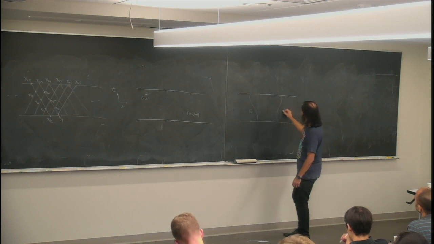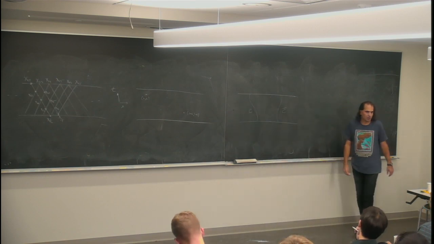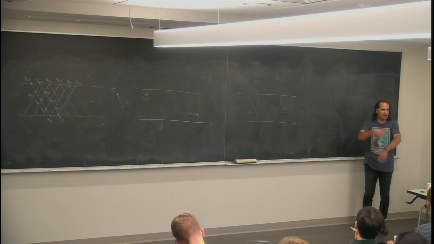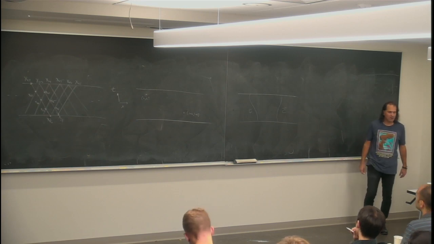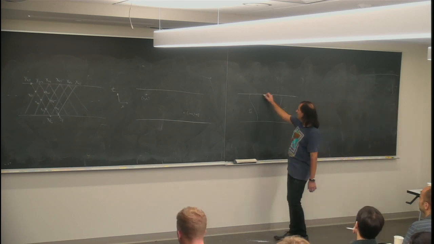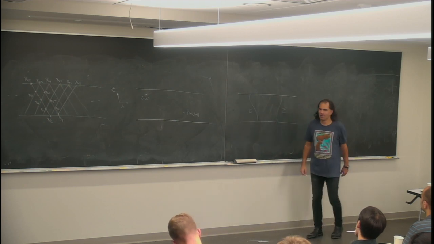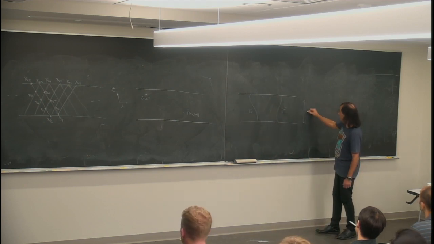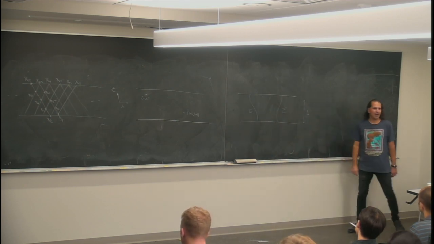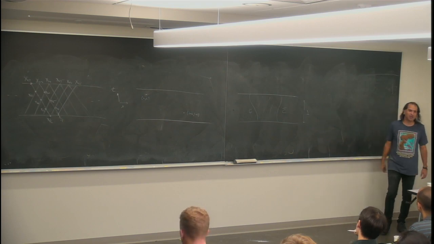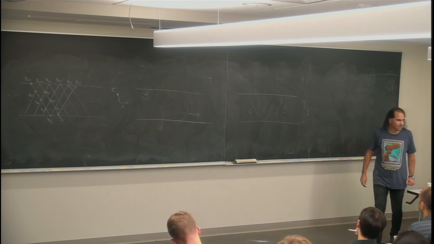So if this is C, this is C tilde, just translating it over by 1 and flipping it over. And so this is going to give me some area 1 region in here, if this is 1. And all of the xij's will be in there once and only once.